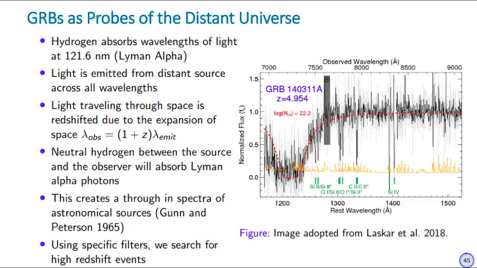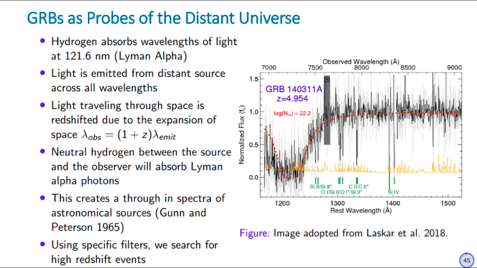So the amount of stretching that the light undergoes is related to z, which is the redshift term. So z equals 0 is the current state of the universe, and so your observed wavelength and your emitted wavelength would be the same. But if I increase my z, I increase the amount of stretching that the light is going to undergo.